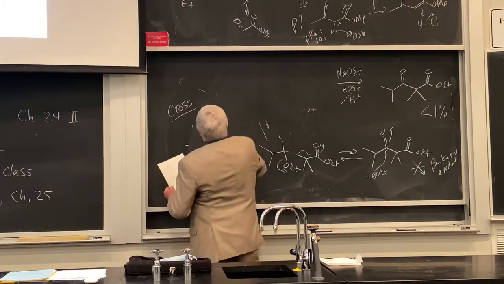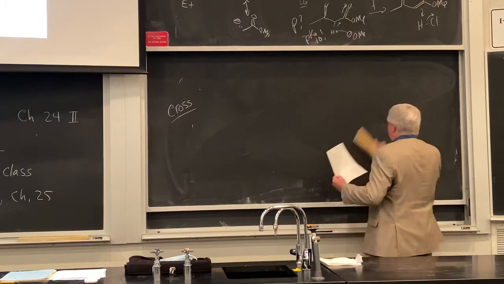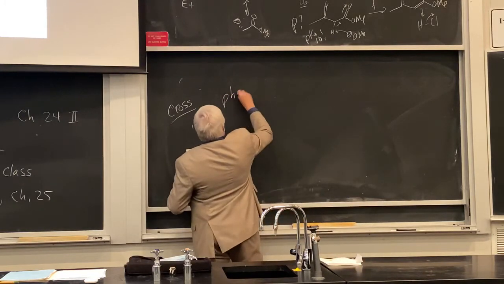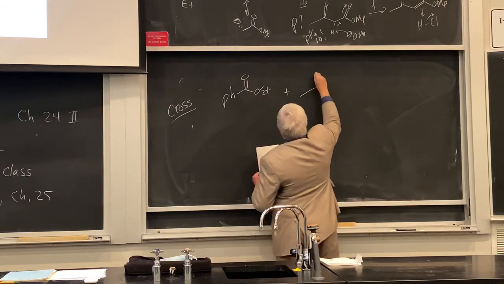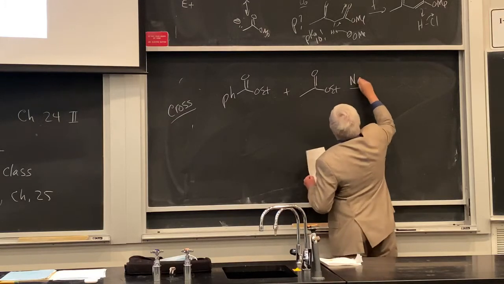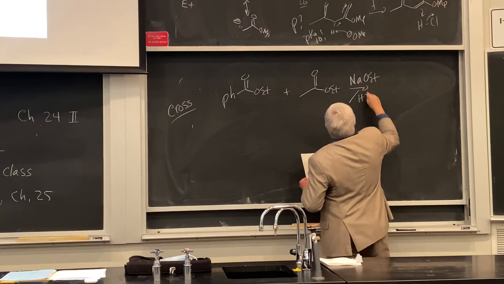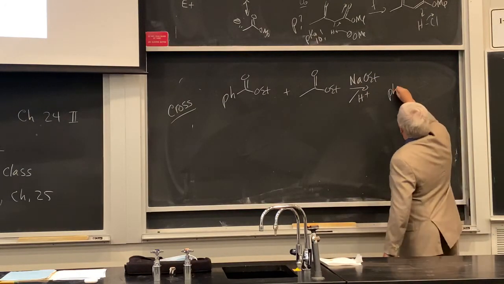Let's take one that's going to be this with one that has the alpha hydrogens, sodium ethoxide, and quenched with dilute acid in ethanol. Okay, what's our product going to be here? Well, it's going to be this.